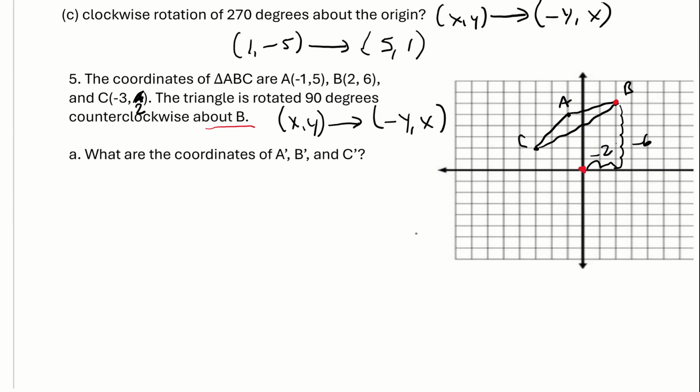All right, so first step, A is (-1, 5). Then we are going to move it to the left 2 and down 6. Okay, and we're going to do that for all these.